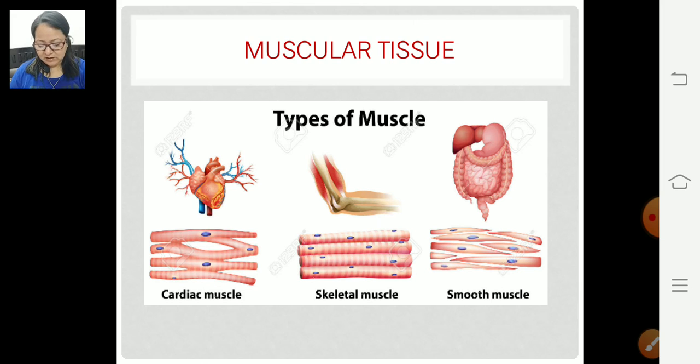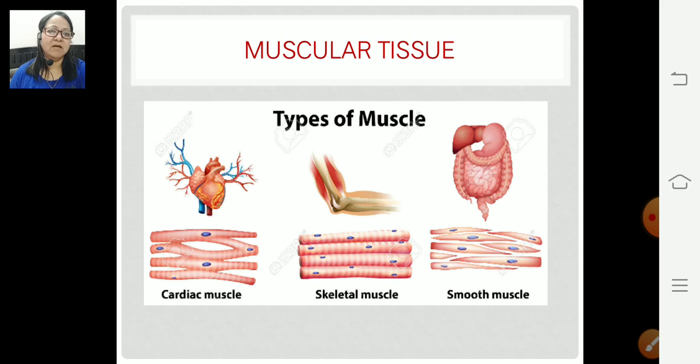Now, the next type of muscles are smooth muscles that are present in our visceral organs, like in the alimentary canal, all the organs of the alimentary canal, and everywhere. If we talk about the muscle cells, you can observe they have tapering ends, that is, the shape is spindle shape.